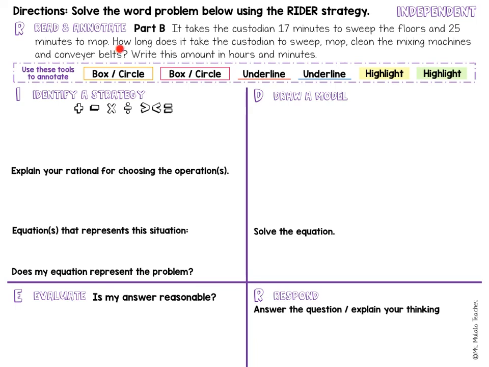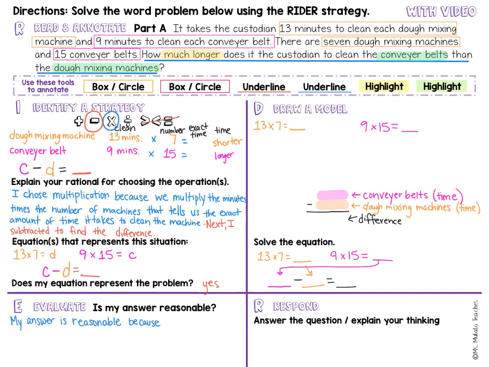Because this question asks how long does it take the custodian to sweep, mop, clean the mixing machines and the conveyor belts, you will need to use some of the information from this problem, but you will need to use the information for how much time it took to clean the mixing machines and the conveyor belts from part A. That information can be found on your paper right here. Here's the time it took to clean the conveyor belts and the time it took to clean the dough mixing machines. I hope that helps.